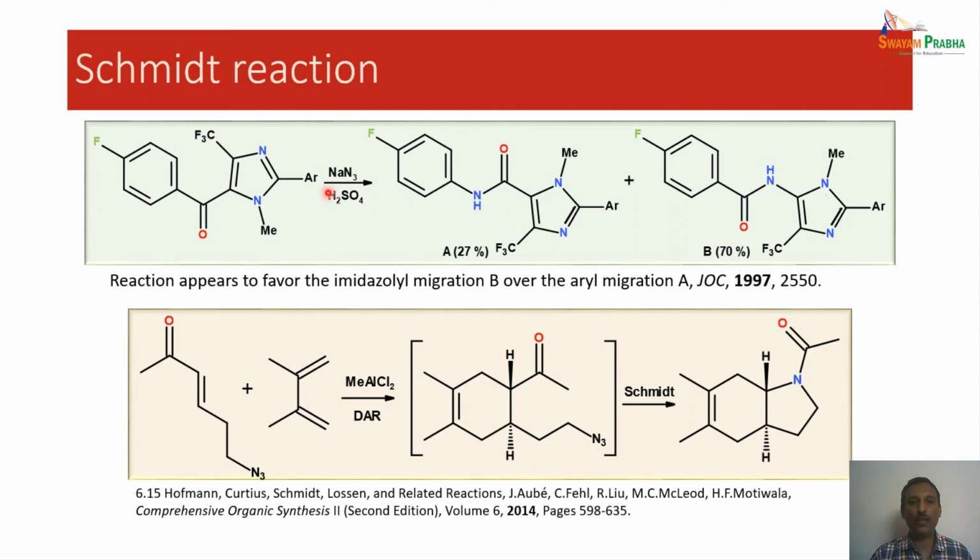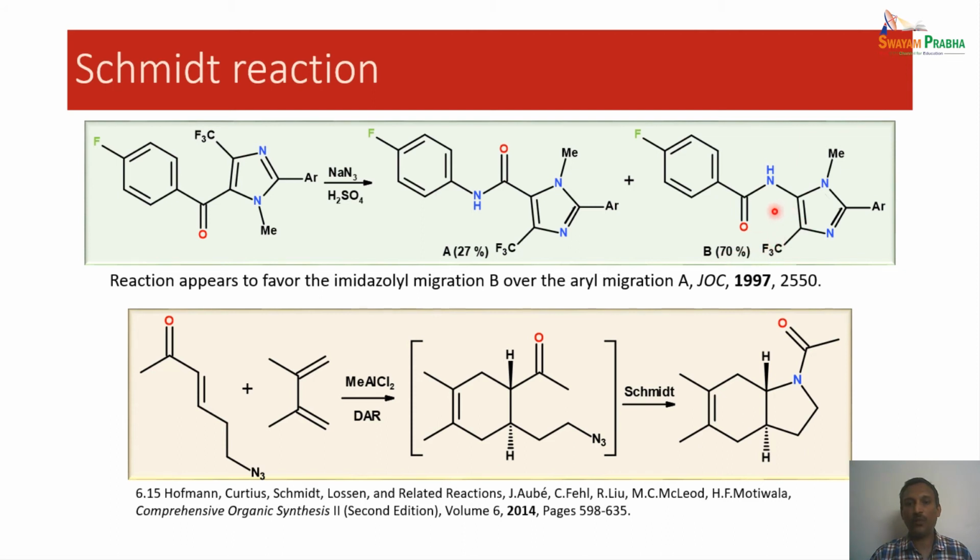So when we conduct the reaction with sodium azide in sulfuric acid, the Schmidt reaction, this product is formed only in 27 percent. That means the aryl migration, because if you look here, the group attached to the ketone carbon, the fluoroaryl derivative migration, leads to this particular product, whereas when the imidazole unit is migrated, we end up with 70% of the product.